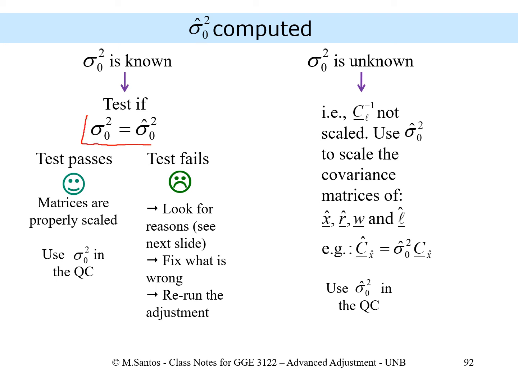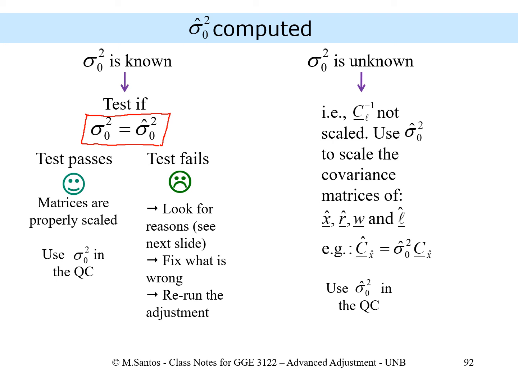Again, we can only perform this test if we know the a priori variance factor, or if we consider it known. Usually we make it equal to 1. Not necessarily. You may have specifications from a past adjustment, and you may have a different value for the a priori variance factor.